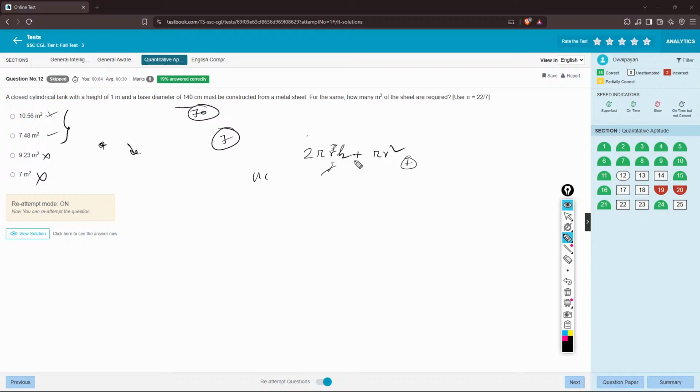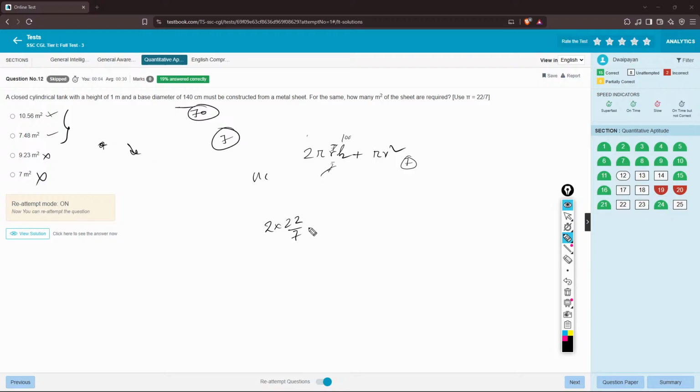But what else multiple can I find? This is 100. These two are very similar. I guess I will go with the unit digit then.